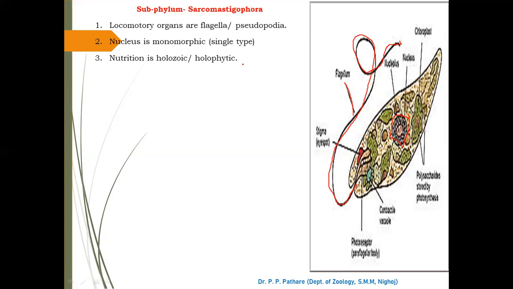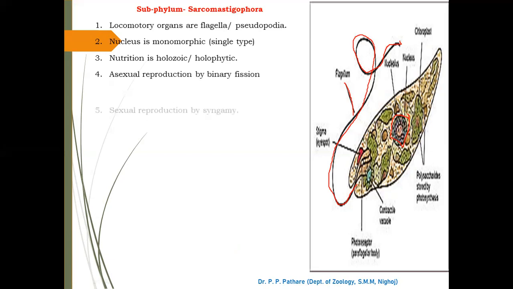These are the characteristics known as holozoic type of nutrition. And holophytic type of nutrition is generally found in plant-like nutrition, that is they are able to produce their own food material by using photosynthesis. समझ में आ रहा है आपको? These are the diagnostic features of subphylum Sarcomastigophora.